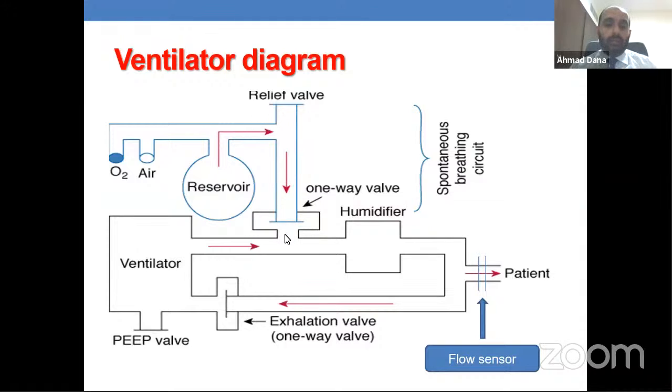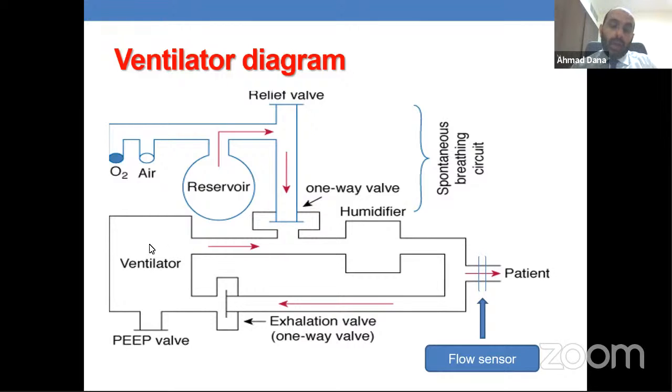This flow of gas goes to the ventilator, then the humidifier, the tubing, and the patient, and this is your flow sensor here. The airflow comes in with the mixture, and you decide here what your FiO2 is. Then this blended air comes here. The job of the ventilator is to generate pressure, so it will compress this air to generate pressure. This is the function of the ventilator.